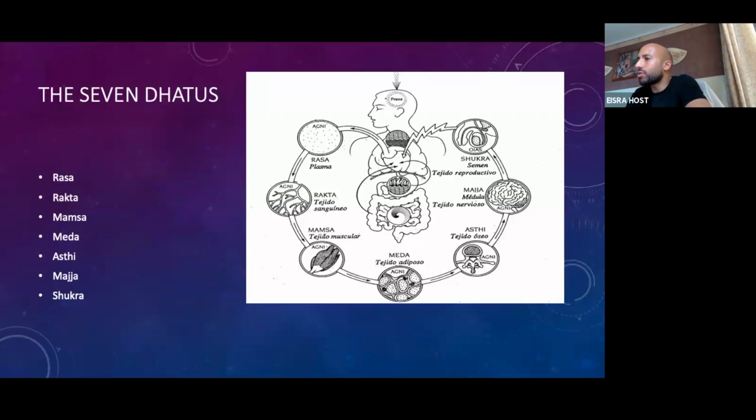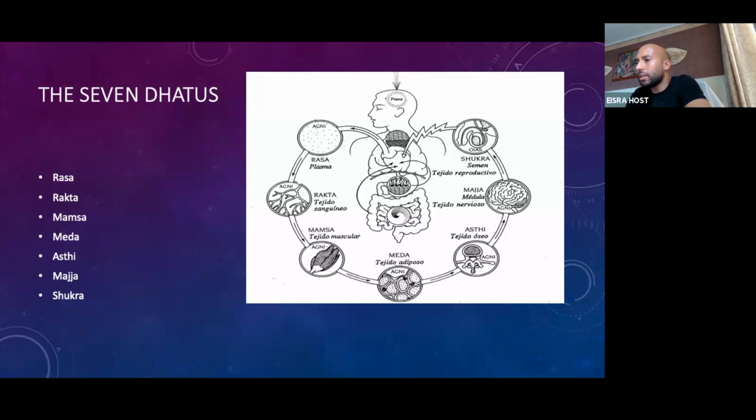But rasa goes further than that. Rasa is more than just blood plasma. You could say that every component of your body which is fluid in nature is rasa or rasa dhatu. It is the first dhatu, the most important dhatu. It is the mother of all other bodily tissues.